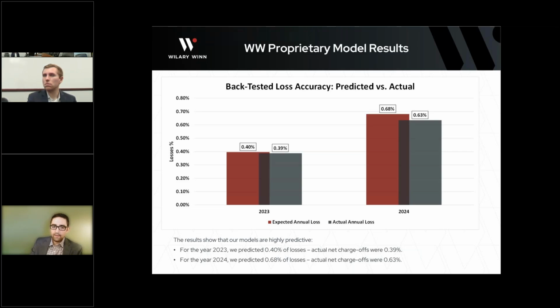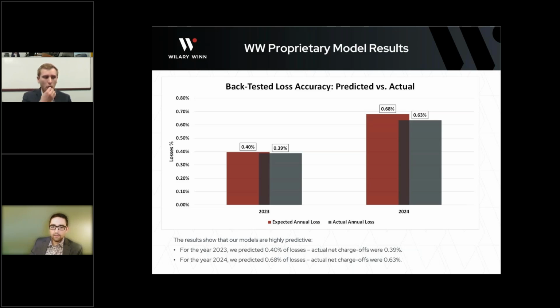The second piece is integrating those economic forecasts directly into the cash flow projections. So not layering them on afterward, but fully baked into the model. And third, we are consistently refining and backtesting the model using actual portfolio performance to make sure it stays credible over time and continues to capture evolving trends on an ongoing basis.